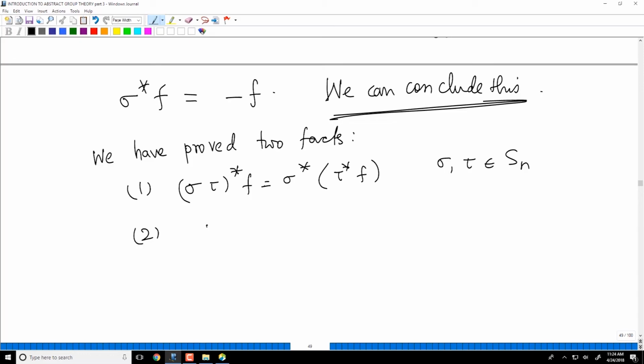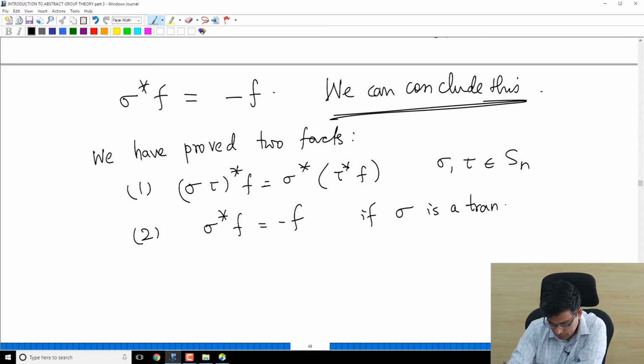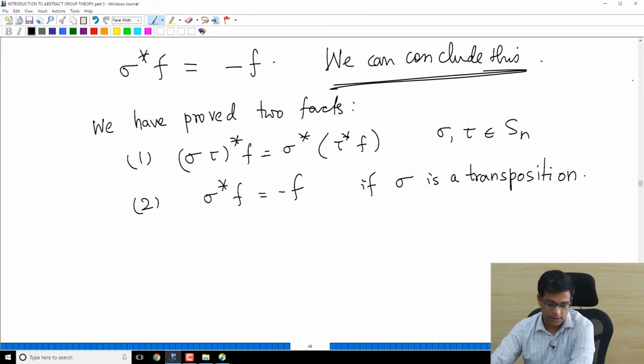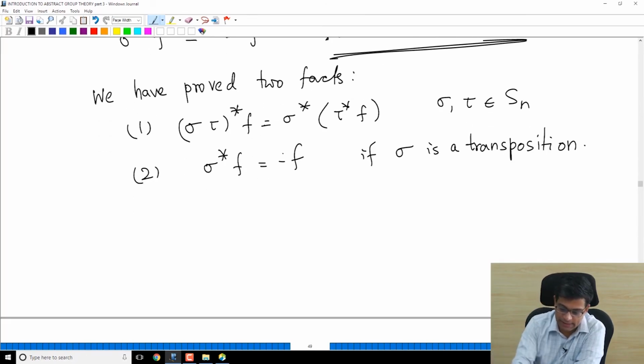The second is sigma star F is minus F if sigma is a transposition. Right? We have proved these two facts. Sigma star F is always minus F if sigma is a transposition.